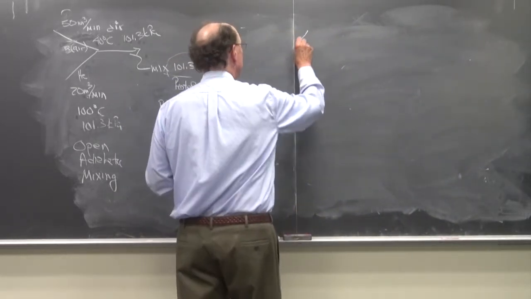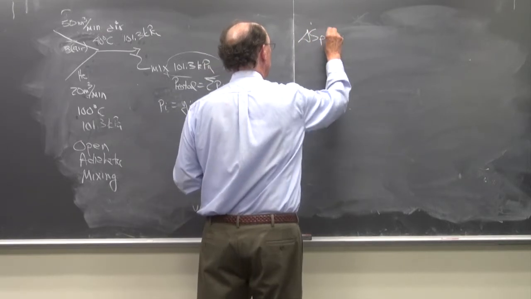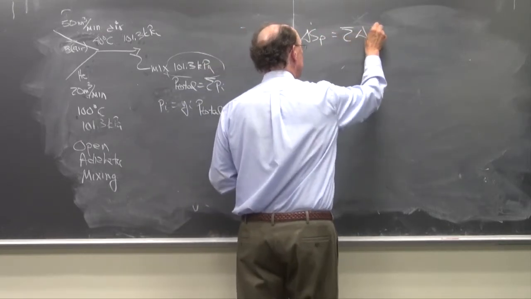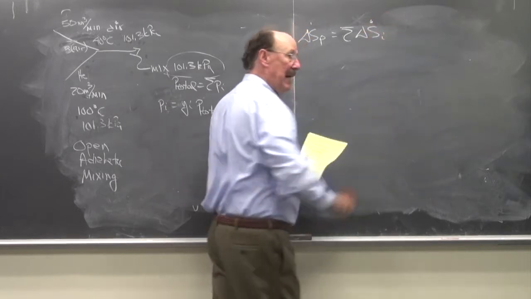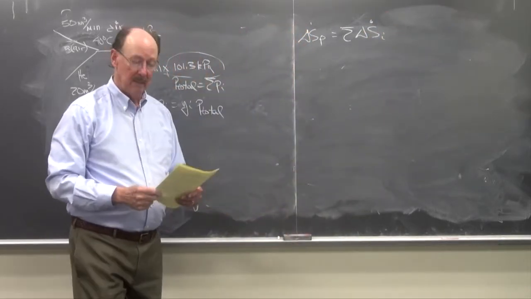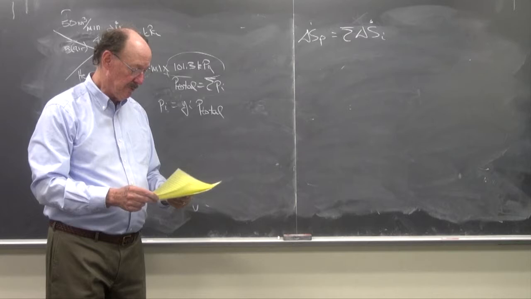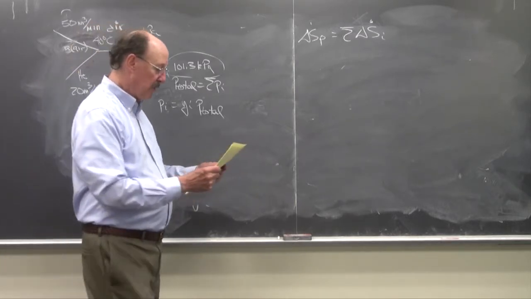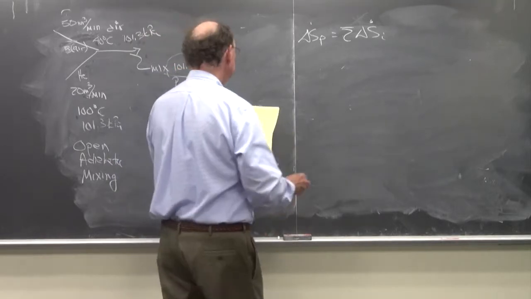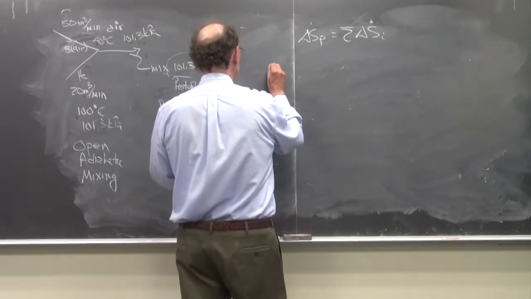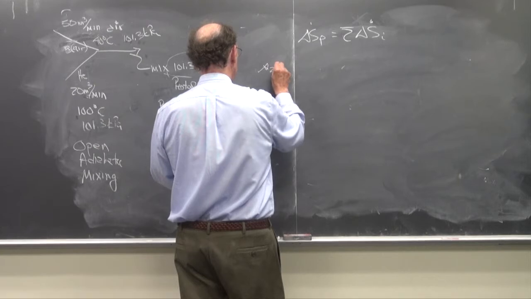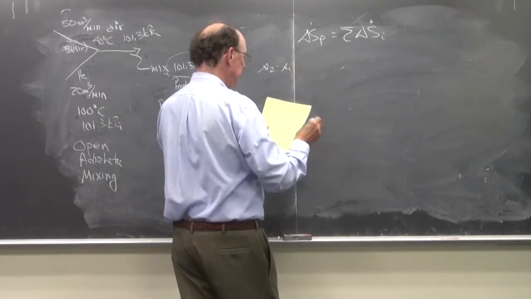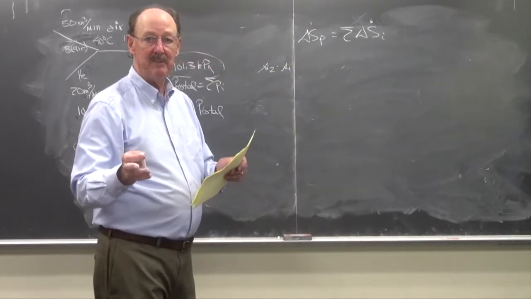So we have that the entropy production is equal to the sum of the del Si, for i equal to air and i equal to helium. This is S2 minus S1, the entropy equation that we had in chapter 8.